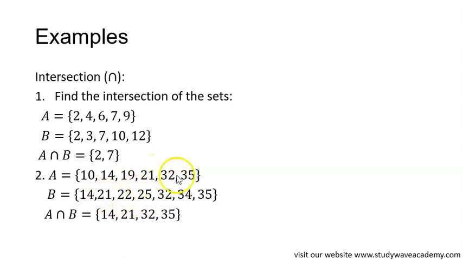We move on, we keep on looking for the common elements, and we have 14, 21, 32, and 35, right? So the common elements in set A and set B are 14, 21, 32, and 35. So the intersection between A and B is equal to 14, 21, 32, and 35. Do you understand? Do you understand the intersection?